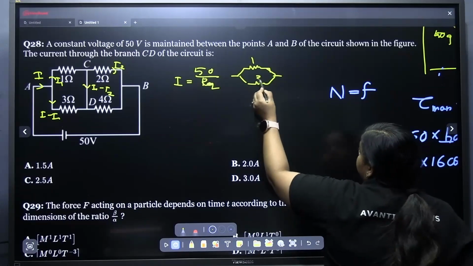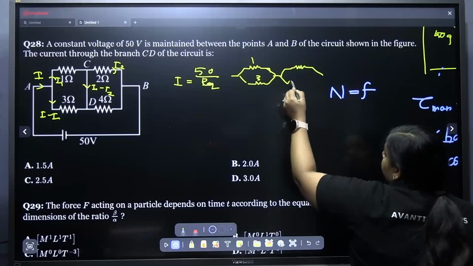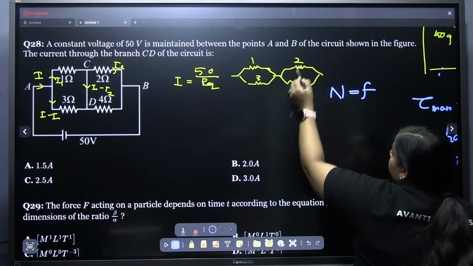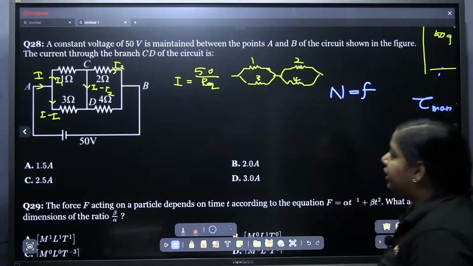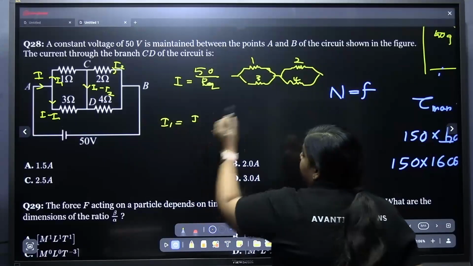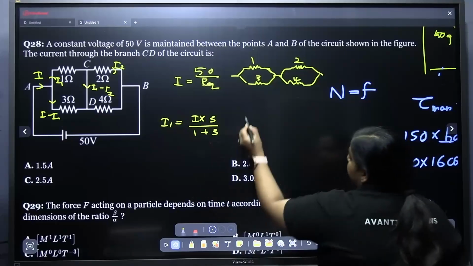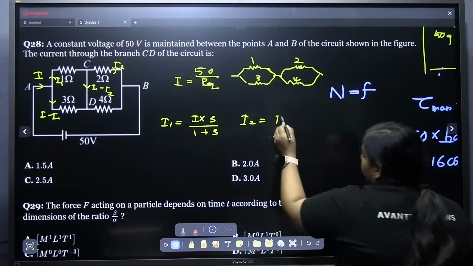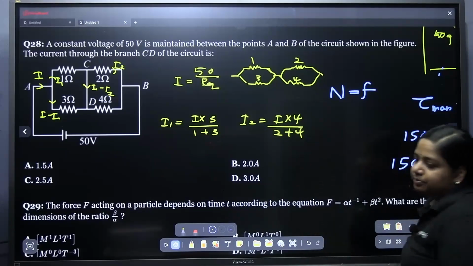This is 1 ohm, 3 ohm, and then there is 2 ohm and 4 ohm. So this is our R equivalent circuit. You have to find R equivalent. Then I1 will be equal to I into 3 divided by 1 plus 3. Similarly, I2 will be equal to I into 4 divided by 2 plus 4.